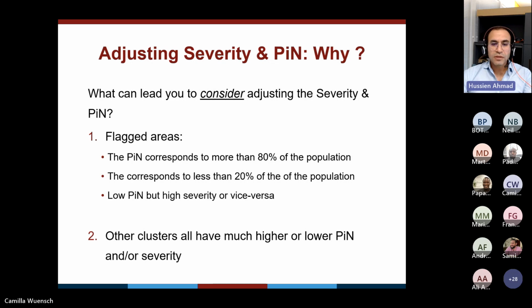As well, we have severity outliers, which means that one admin 2 or admin 3 within the admin 2 or the admin 1 is acting as an outlier compared to the other admin areas, and so on. These flags can be adjusted in the tool itself, and you can add more flags if you want to see more in-depth insights on the results.